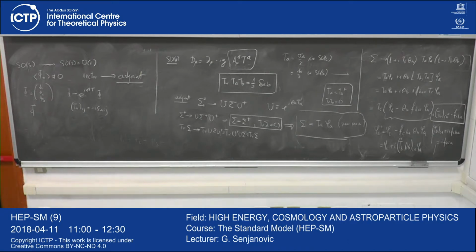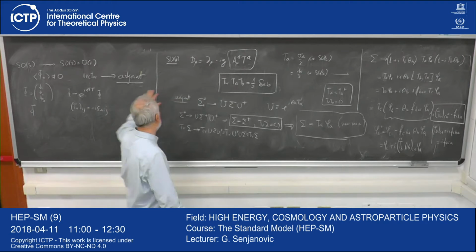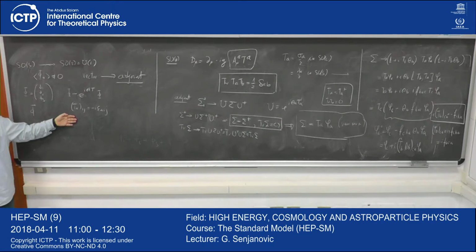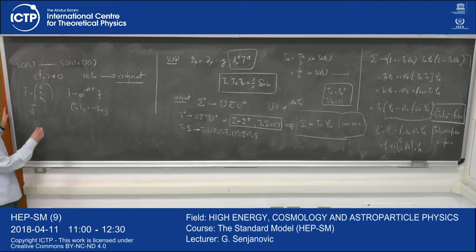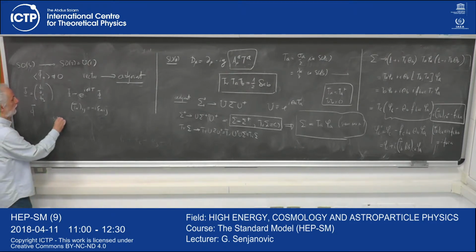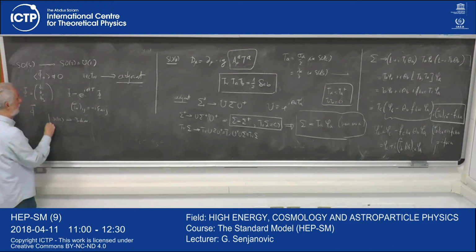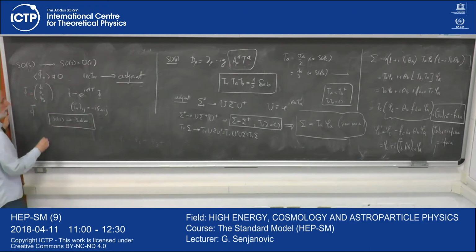Now, why would I go and work with this complicated object when I can work nicely with my vector? Because in SUN, it's a mess to generalize this. You have to remember the structure constants. We were in SU2. In SU2, this is a 3-dimensional representation. How do I generalize it, by the way, in SUN?